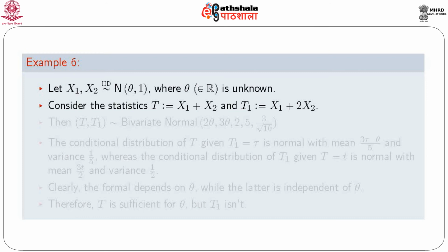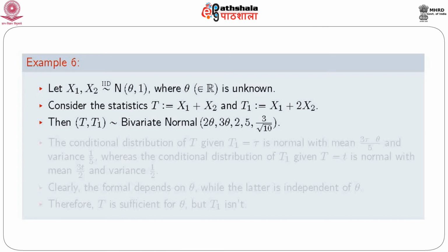One is T equals X1 plus X2, and the other is T1 equals X1 plus 2X2. Then the joint distribution of T and T1 is bivariate normal with mean 2 theta and 3 theta, variances 2 and 5 respectively, and with correlation coefficient 3 by root 10.